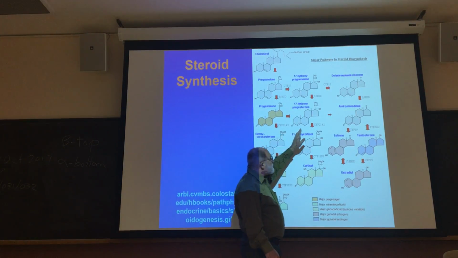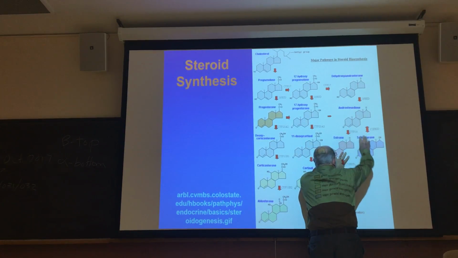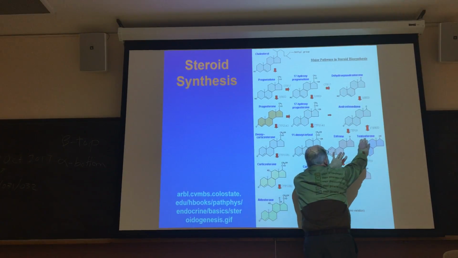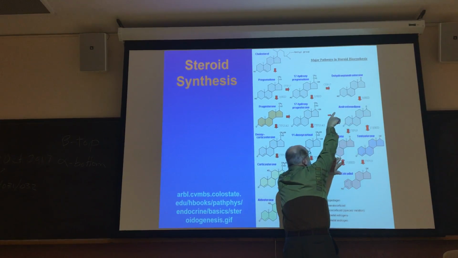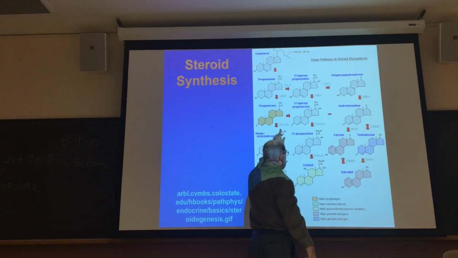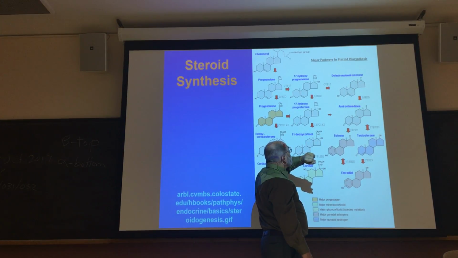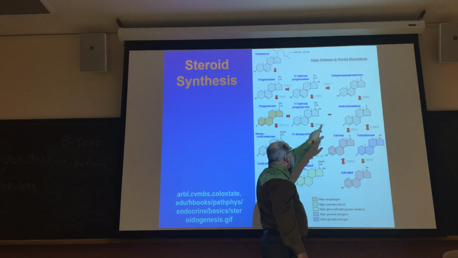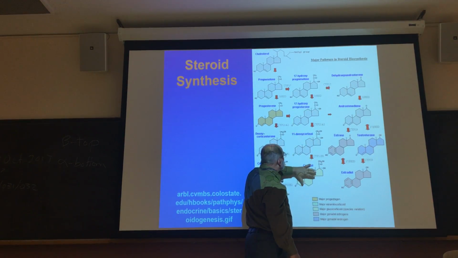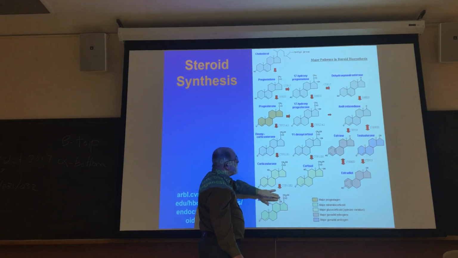In the testis, you're not going to see much of this, but you're going to end up over here. Those are the major androgens, along with dehydroepiandrosterone. Now, DHEA is found in the reticularis zone in the adrenal. But most of the time, you're going to go down in the adrenal cortex down to here, and in the outermost layer down to here.